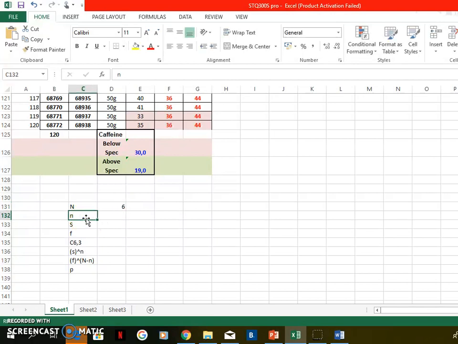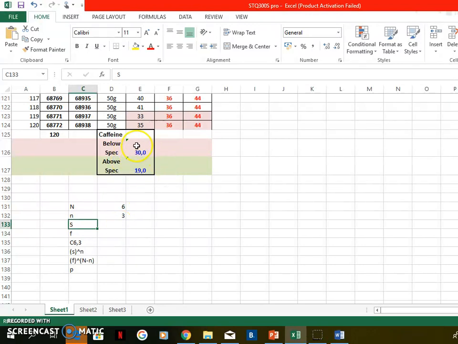Our small letter n, which is the number of results we want that are out of specification, is equal to 3. That is our small letter n. Now s is the probability of a success. Our success is getting a result that is out of specification.